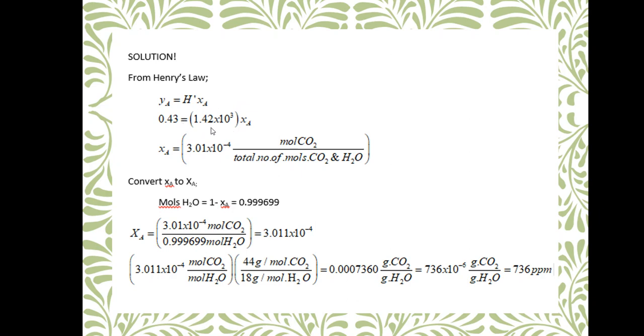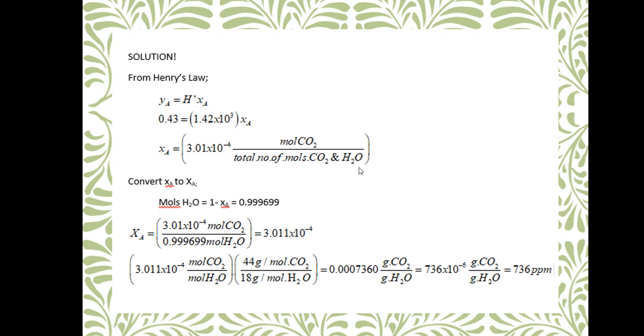It's because the unit of the constant and the total pressure of the system are the same, both in atmospheres, so there's no need for us to convert. In this case, your original Henry's law constant was simply divided by 1 atm because that's the total pressure of the system. So from Henry's law equation, we already have the value of the XA.